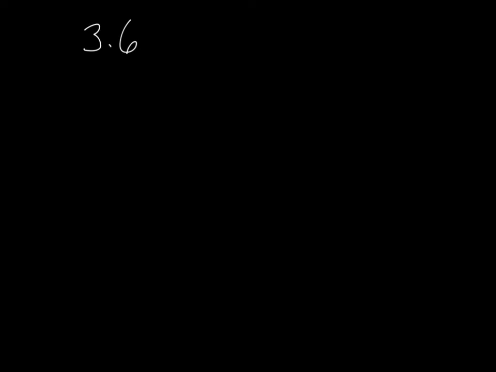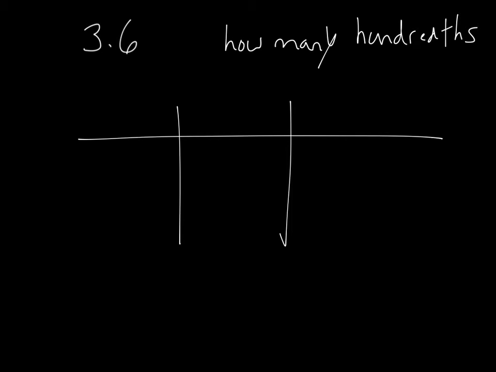So let's take that same number, 3 and 6 tenths, but now my question is, how many hundredths? If I were to put this on a place value chart, here's my decimal point. So I have my ones, tenths, and hundredths.